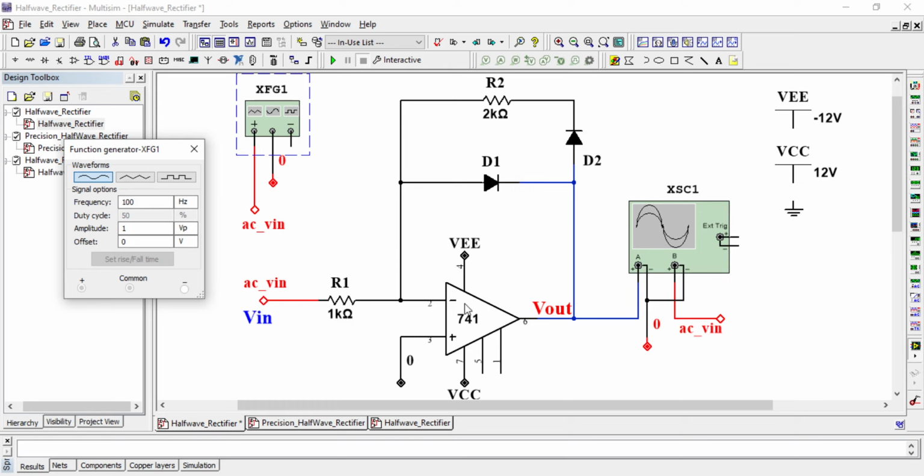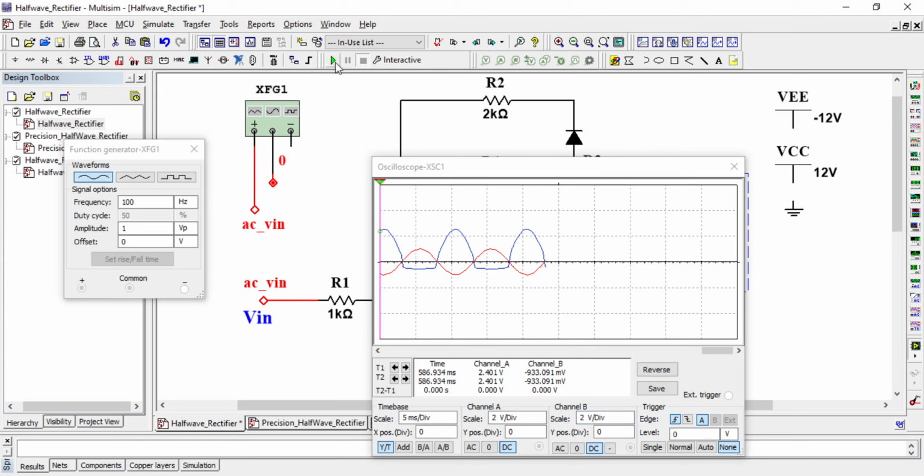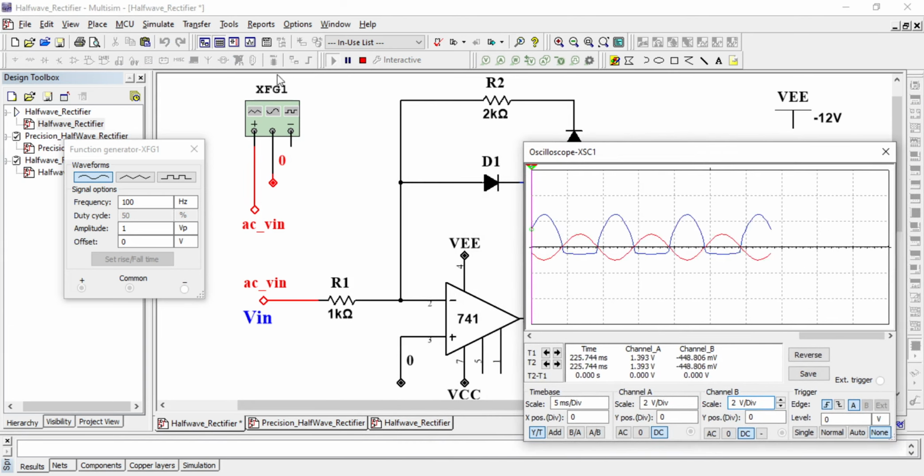You can see here the input is connected to pin number 2, therefore it is an inverting amplifier. And pin number 3 is grounded, so that means this node, pin number 2, is virtually connected to ground.